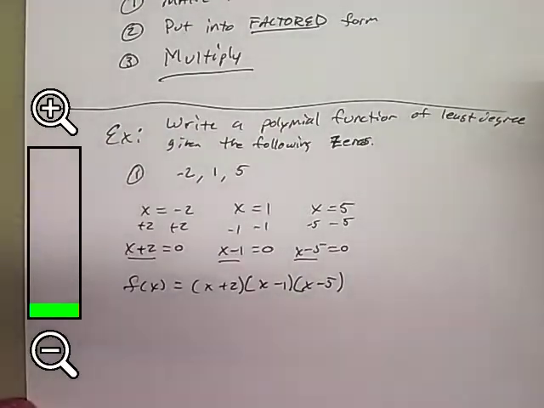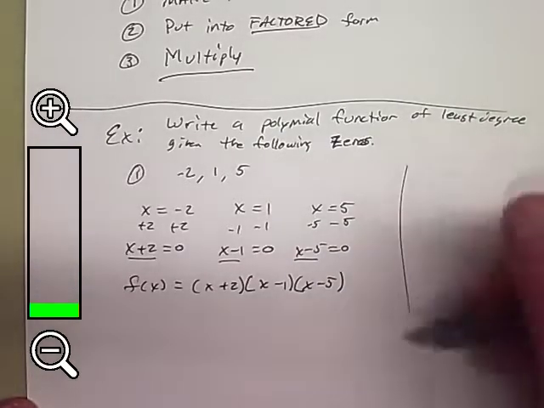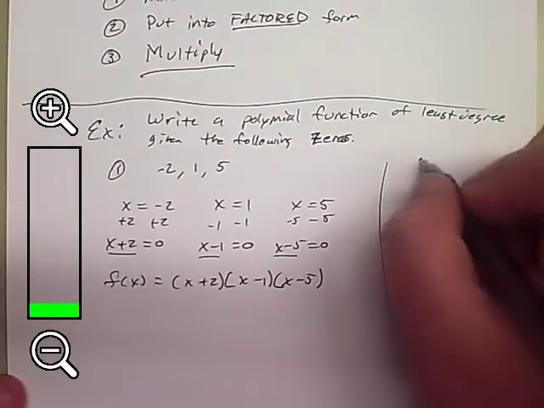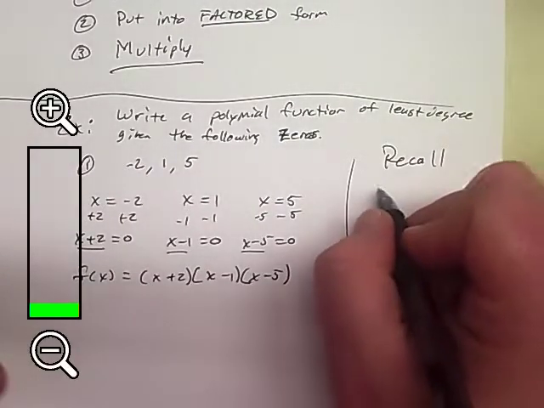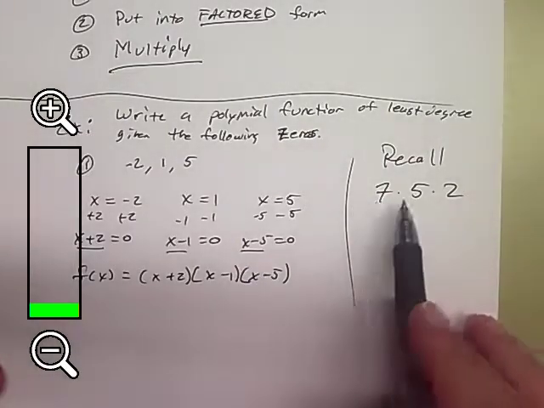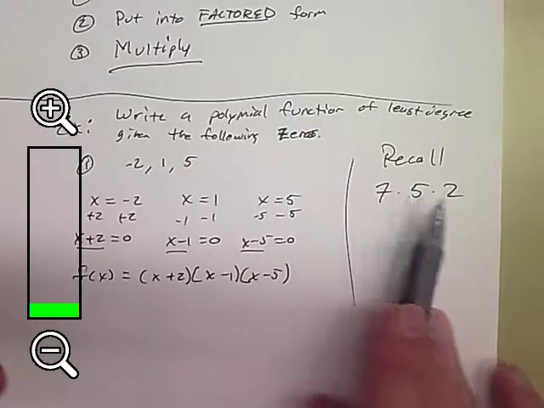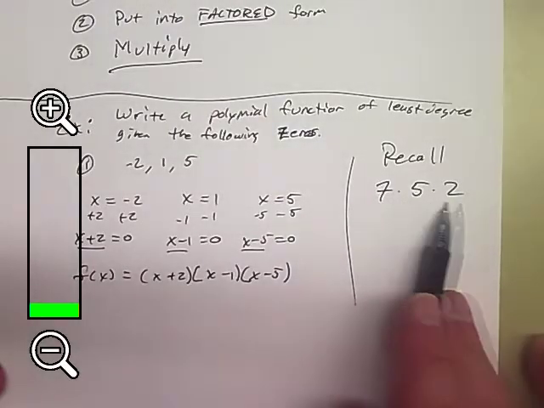And now, step 3, I need to multiply. And just for a second, I just want you to recall something here. If I had to multiply 7 times 5 times 2, I'm multiplying three things, just like here, I'm going to multiply three things.